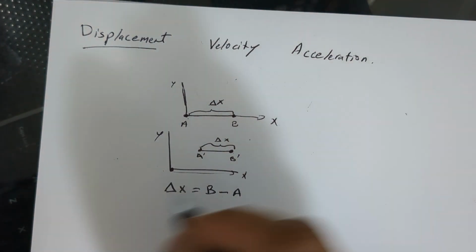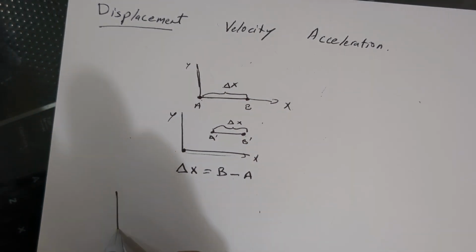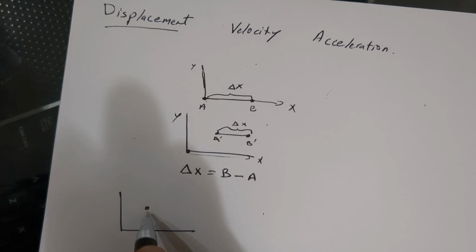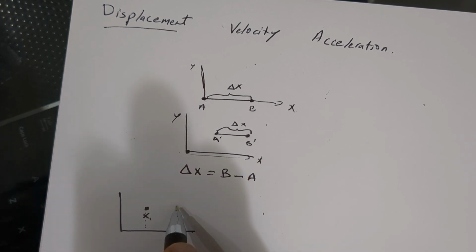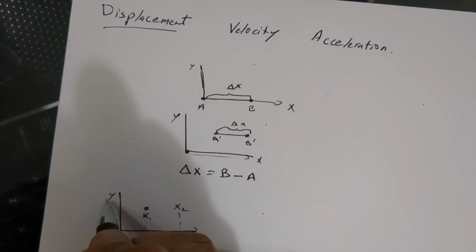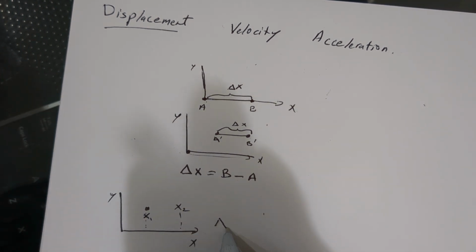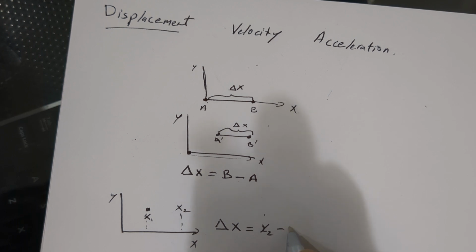All right, or in other terms, there's other terms used. Let's give another example here for displacement. If you have a plot here, you have point, let's call it x1, because we're looking at just x distance here for now, and let's call it point x2, and you'll see this often in many books where delta x is equal to x sub 2 minus x sub 1.